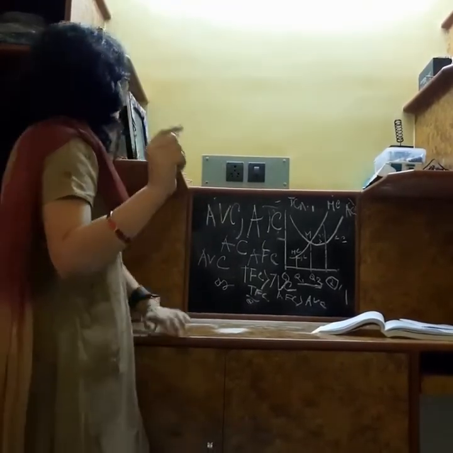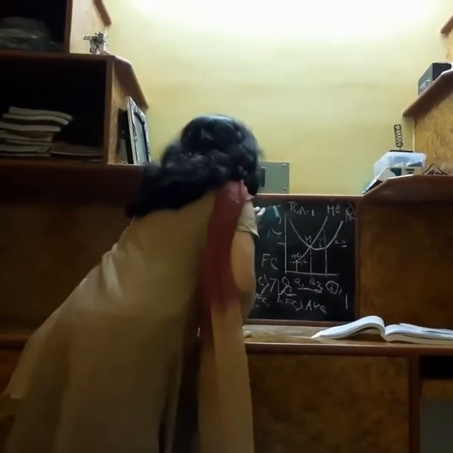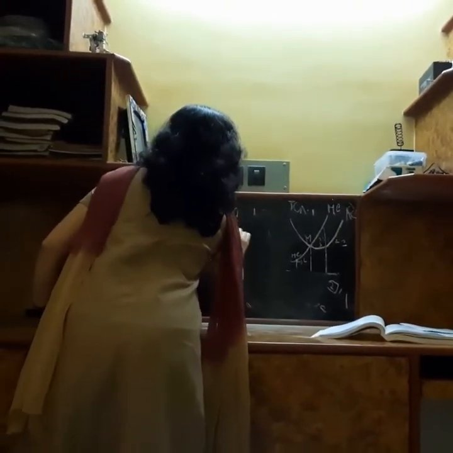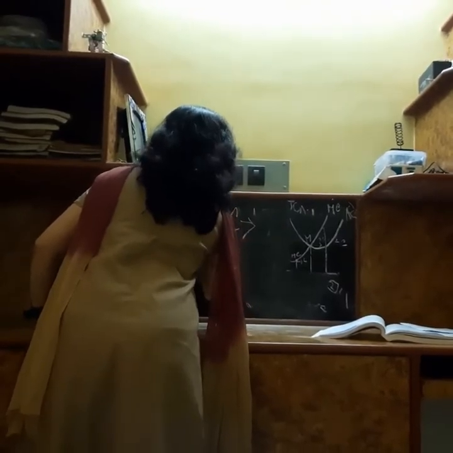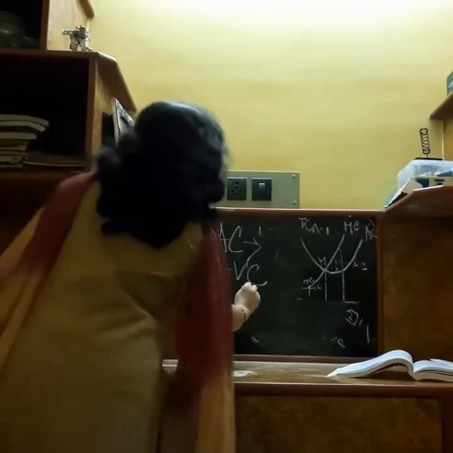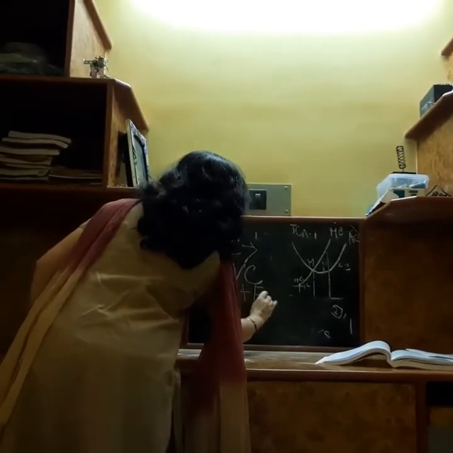So afterwards, what will happen? AC comprises more amount of AVC and less amount of AFC.